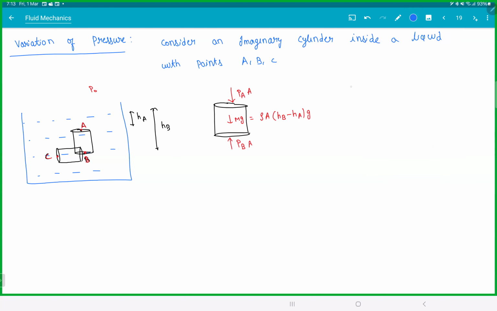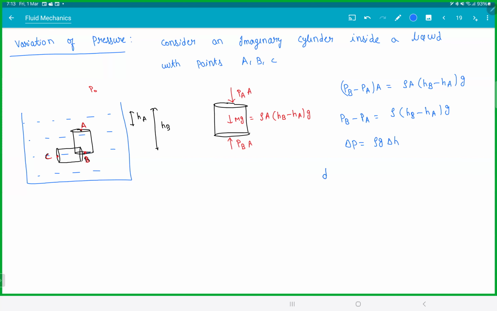If you balance these forces, PB minus PA into area will be rho A HB minus HA into g. So from here we can clearly see PB minus PA is rho HB minus HA into g. You can write this as delta P is equal to rho g delta H.